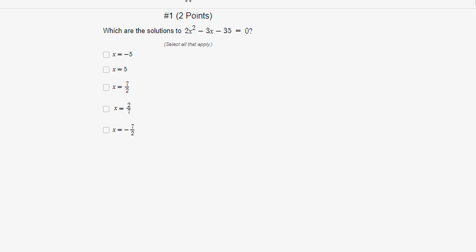So we're going to start off with A times C. And we need two factors of -70 that are going to add up to -3.